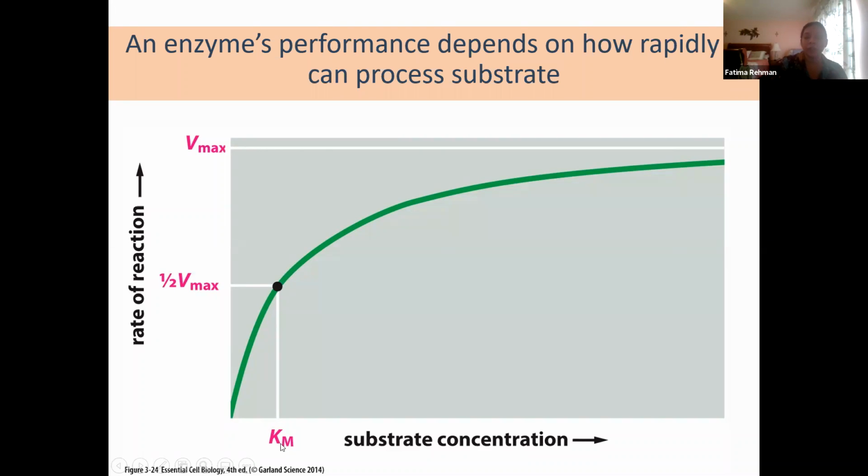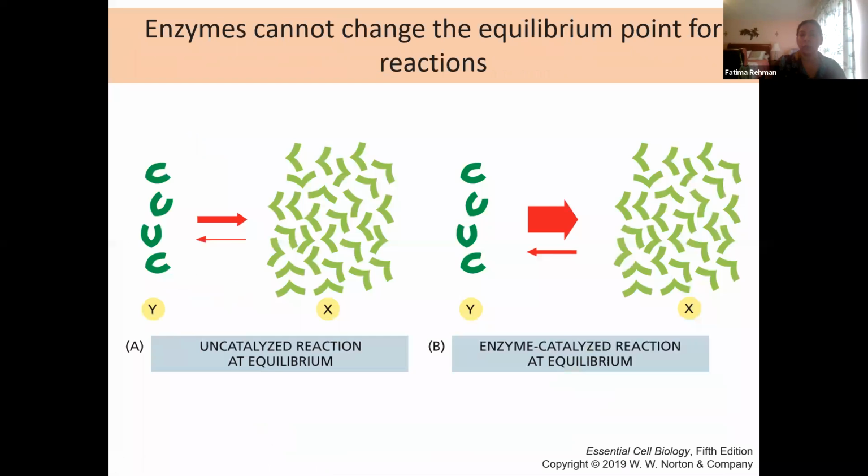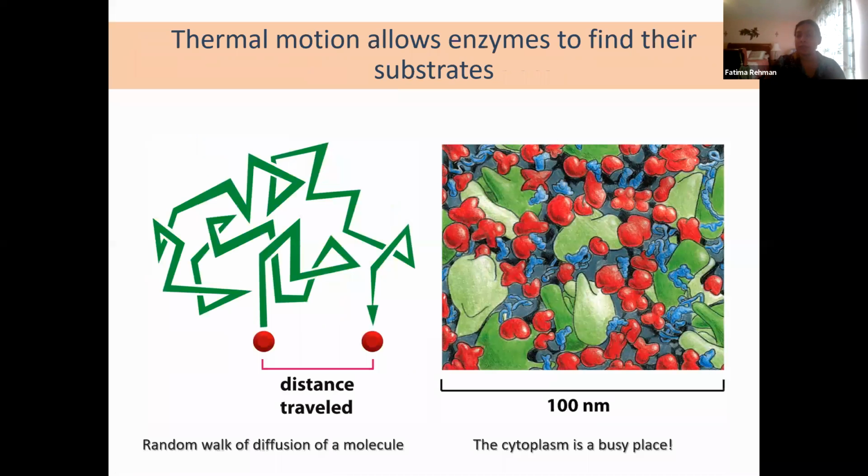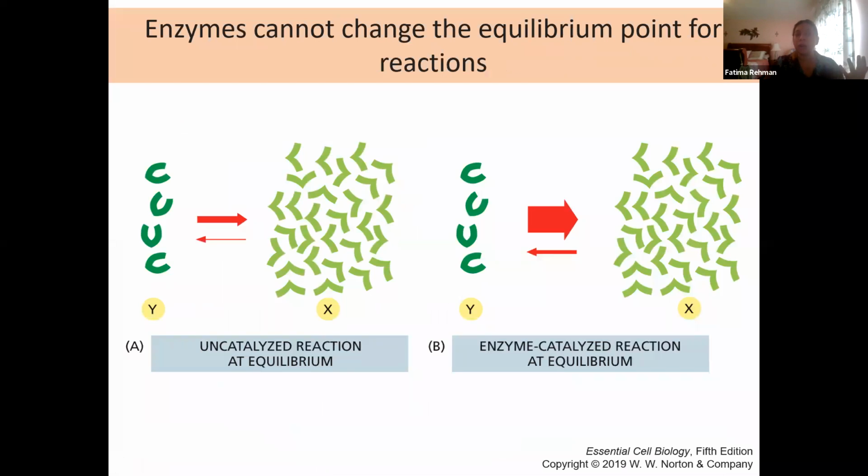So for any reaction, as the concentration of the substrate increases, you're increasing the amount of product that is getting made. At half of Vmax is basically the point approaching the maximum rate of that reaction. And that goes back to your equilibrium constant that is maintained regardless of whether or not the enzyme is there.